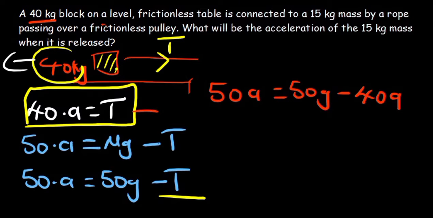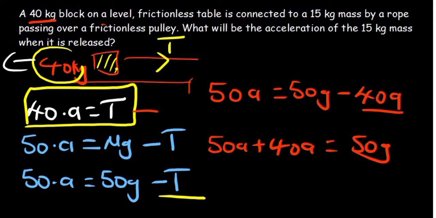Making the acceleration the subject, that term goes to the other side: 50a plus 40a is equal to 50g. If you factorize a from the left hand side, or add them, you get 90a equal to 50g.